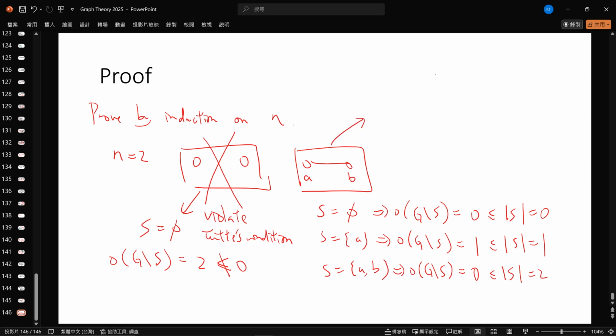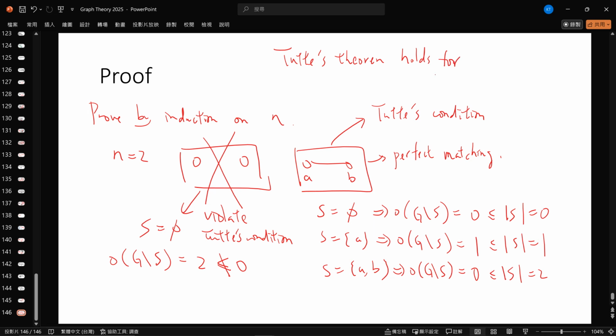And clearly, it has a perfect matching. So this page shows that Tutte's theorem holds for the case where n equals 2. So this is our induction basis.